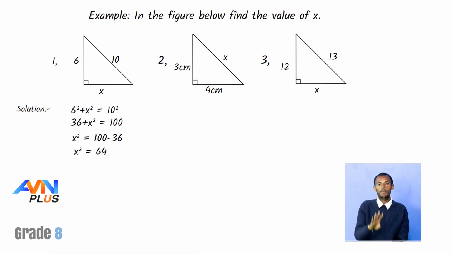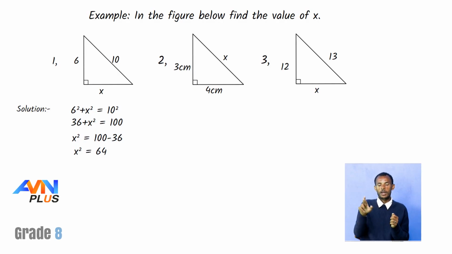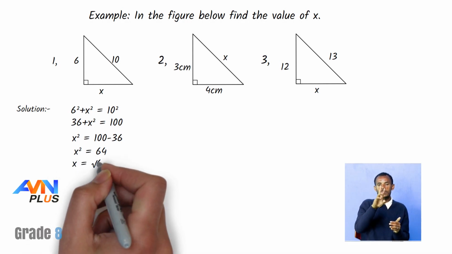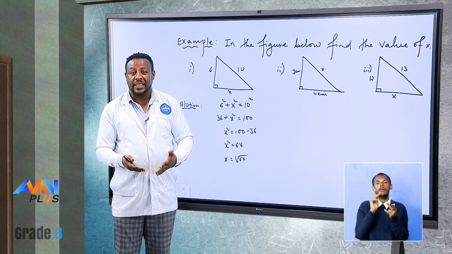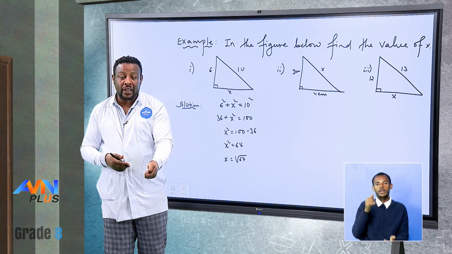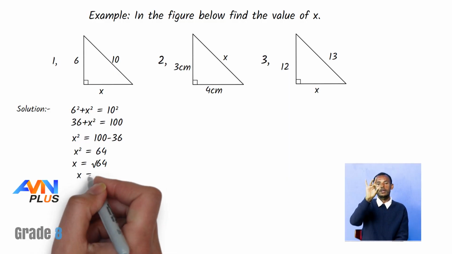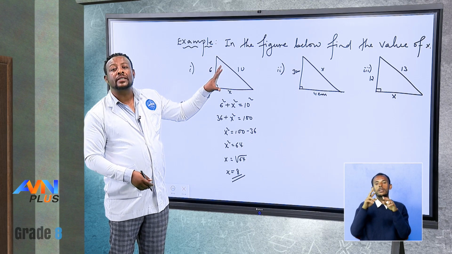You can take the radical on both sides, and this equation becomes x is equal to square root of 64. As you all know, 64 is a perfect square, which is the same as 8 square, so it can be taken out from the radical. So x is equal to 8. So the unknown side in the first right triangle is 8.